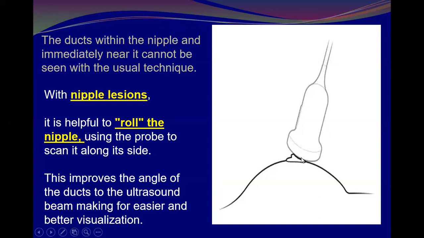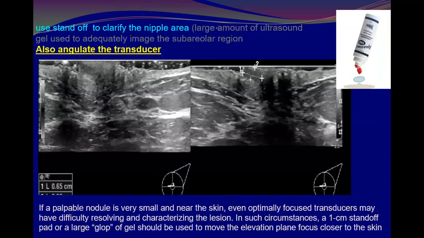Try to roll it and angulate the transducer. It will improve the angles of the ducts, especially if you angulate in a radial way, so that you can align along the long axis of the ducts, and it will improve their visualization.